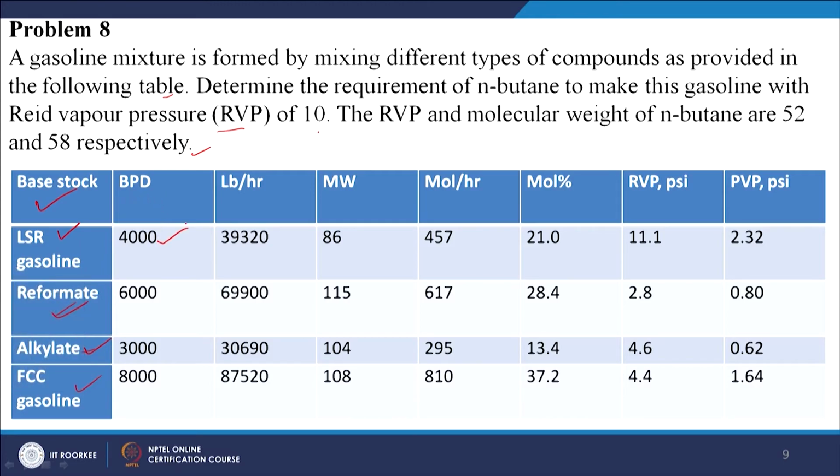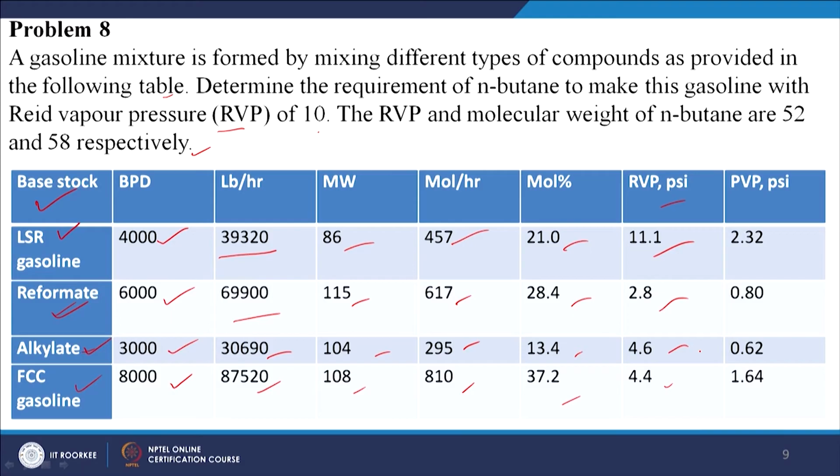So, it is 4000, this is 6000, 3000, 8000. So, these are the productions, we will mix them and then we will get some mixed gasoline. This is pound per hour, mole per hour is this one, you converted, and mole percent, it is given. Reid vapor pressure for each component is given here also.